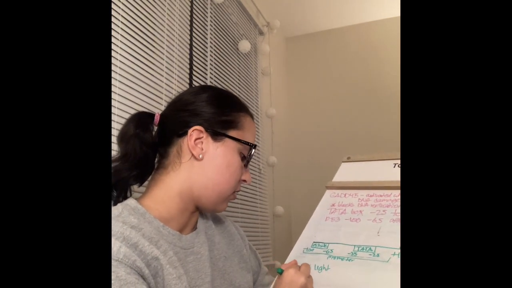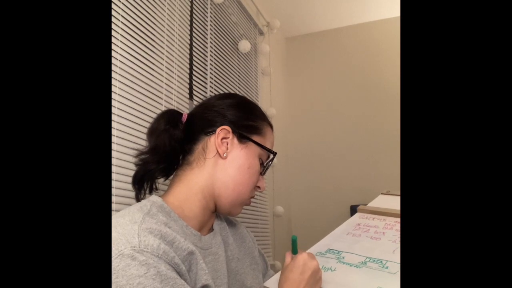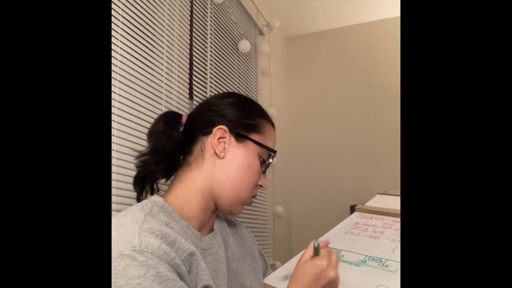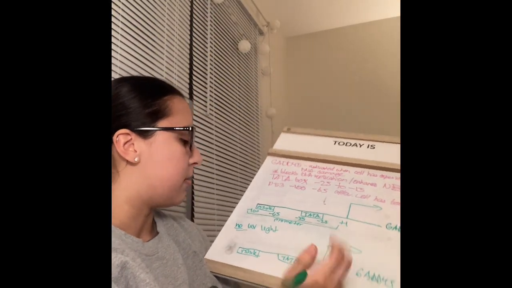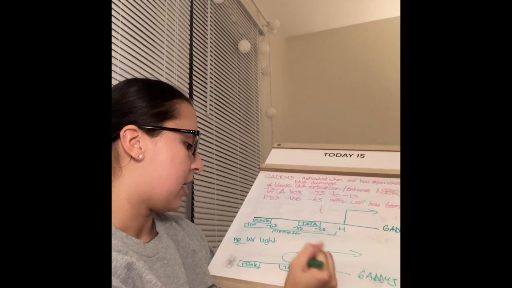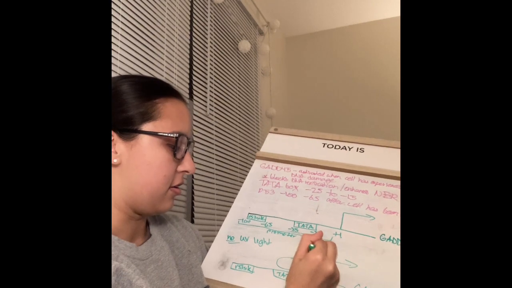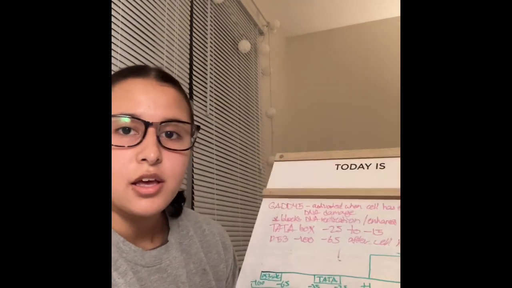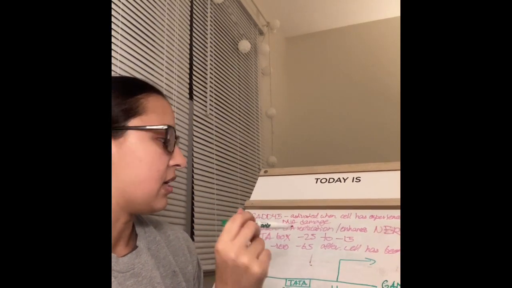So to redraw everything we already had, the only thing that might change, we might see polymerase attached to the TATA box, but transcription, I would expect that it would not occur, because we were told in the information that we were given that this gene is activated when the cell has experienced DNA damage.